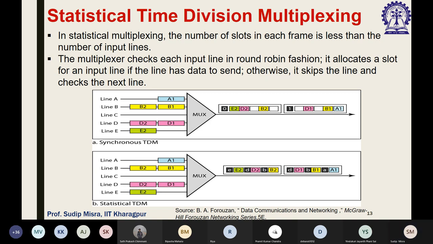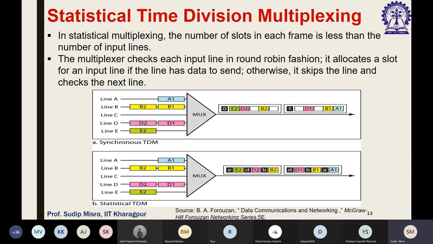And so now you might think that although it solves the problem of empty slots and inefficiency as encountered in synchronous TDM for certain types of traffic, how does it solve the problem overall, because you are introducing some headers?